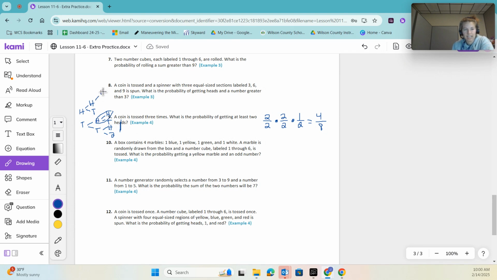Okay, on this one, I can get heads again, that would count, 1. I can get a tails, that would count, that's 2. If I get a heads on that third one, even though I rolled a tails, that's a third one, and then a tails. So that's 3 out of the 4 there. So total is 4 outcomes out of, again, 8. So you can see either way you do that, you're going to get that same answer. Okay, and you can try this on 10, 11, and 12 on your own.